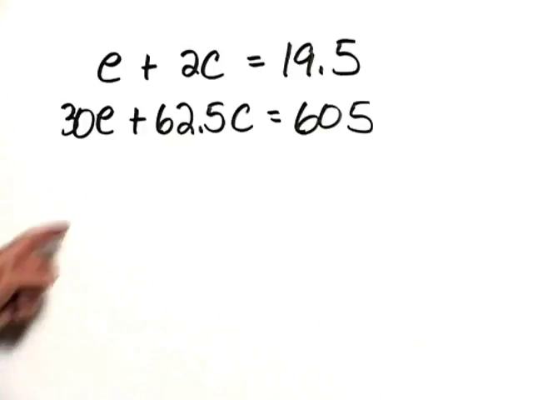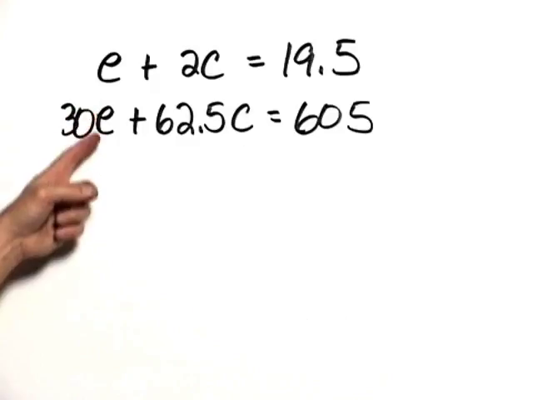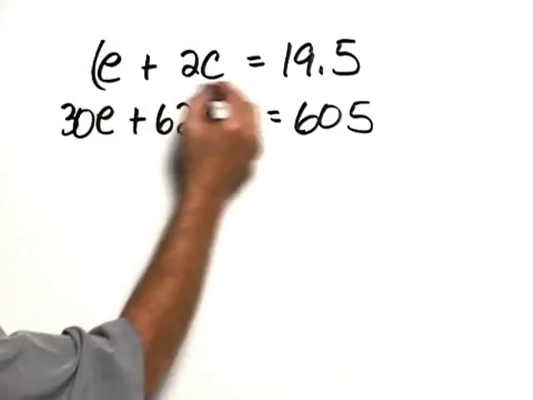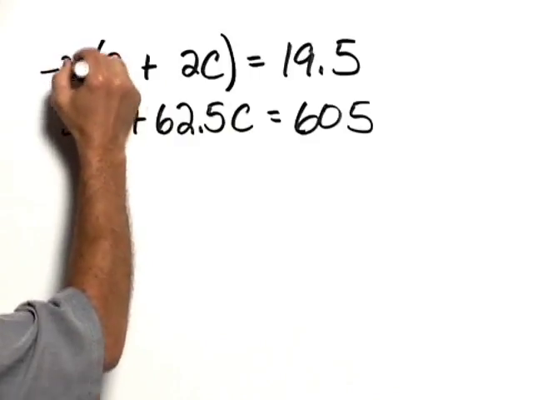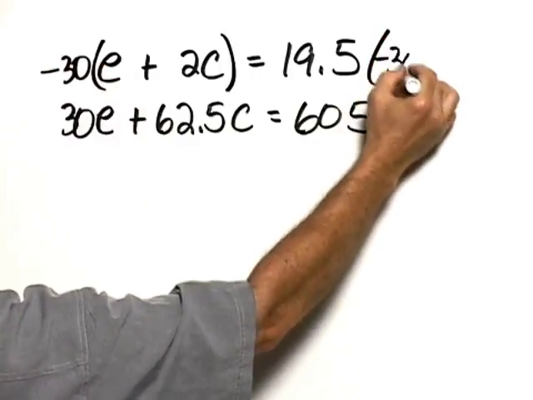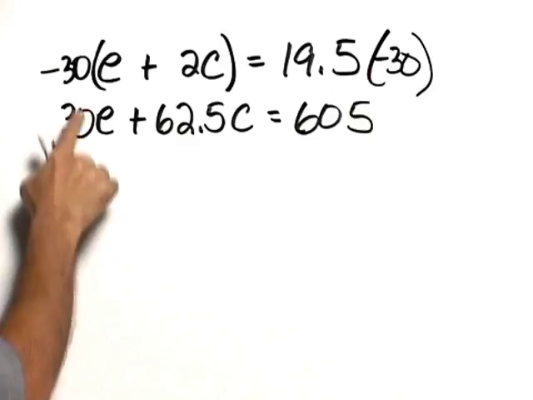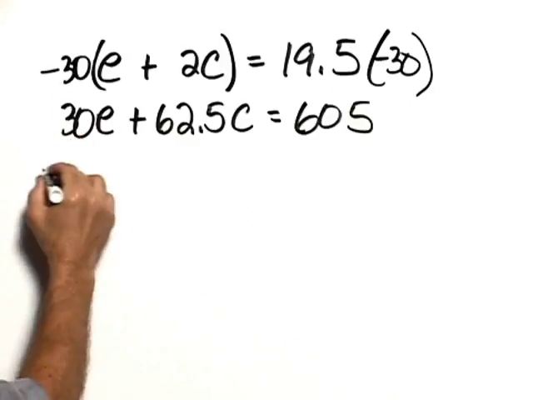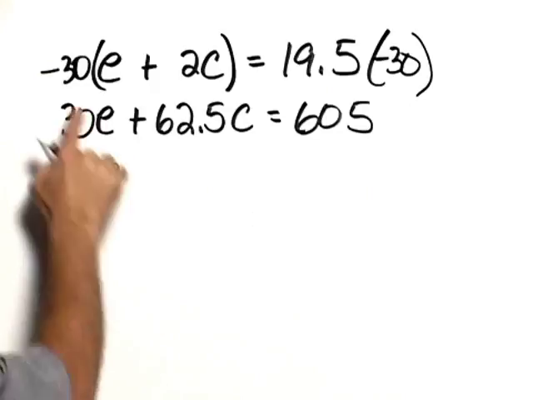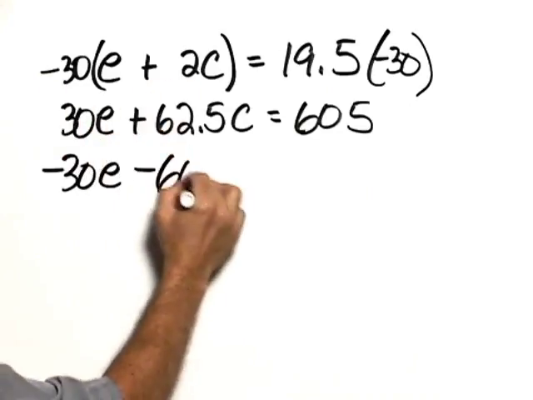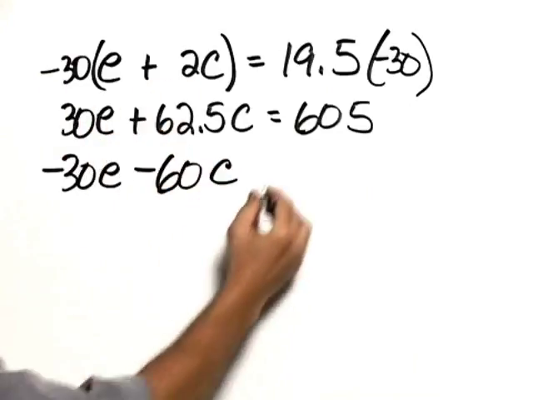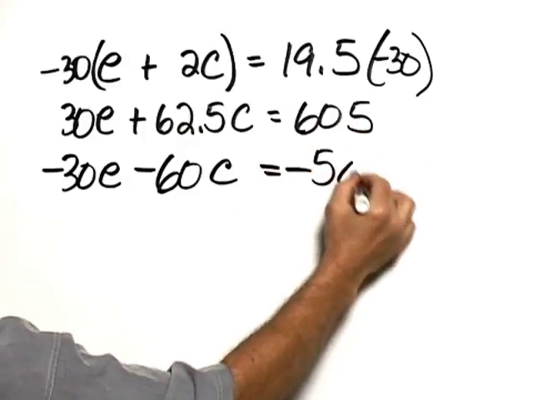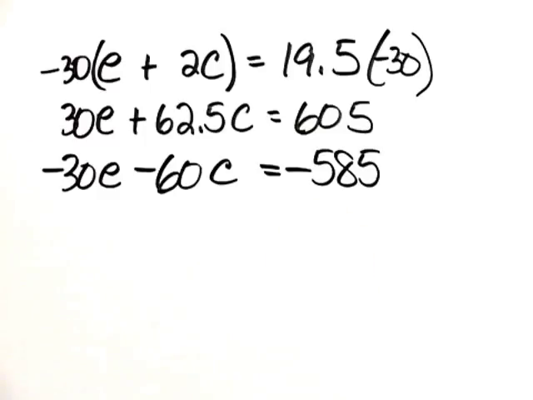I would recommend that we eliminate the variable E, and to do that we would have to multiply both sides of the first equation by negative 30. I'll write the result of the multiplication right below equation 2. So negative 30E minus 60C equals negative 585.